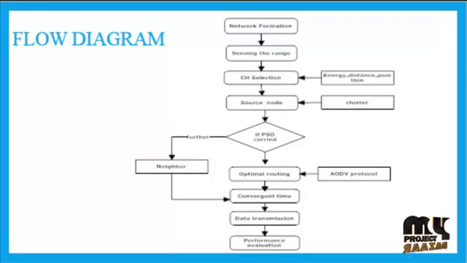The data transmission is done using the TCP connection protocol. The node is selected based upon its energy and position. If the node is nearest to the destination, it sends the data to the destination, else it sends the data via the neighbor.